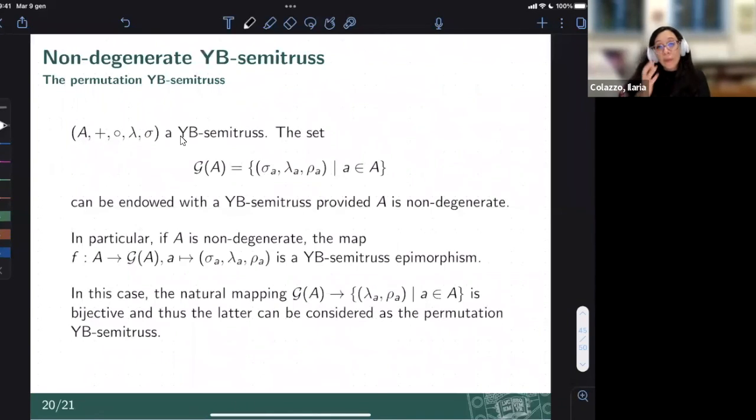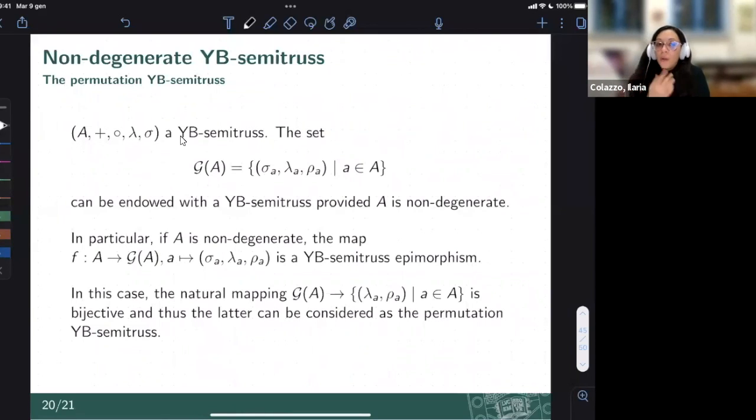We can also notice that inside the definition of the permutation YB semi-truss, with respect to the definition of a permutation group, we added a dependency on the sigma map. Actually, for a non-degenerate solution, we do not really need to take the sigma map into account, even in the case in which the associated solution is not bijective.